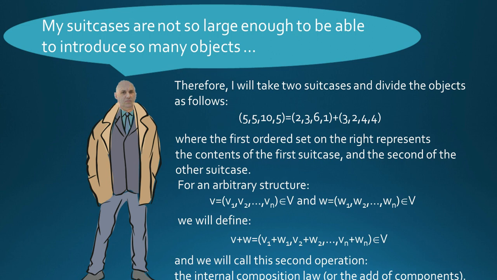For an arbitrary structure V = (V1, V2, ..., Vn) in ℝⁿ and W = (W1, W2, ..., Wn) in ℝⁿ, we define V + W = (V1 + W1, V2 + W2, ..., Vn + Wn) in ℝⁿ, and we will call this second operation the internal composition law, or the sum of components.